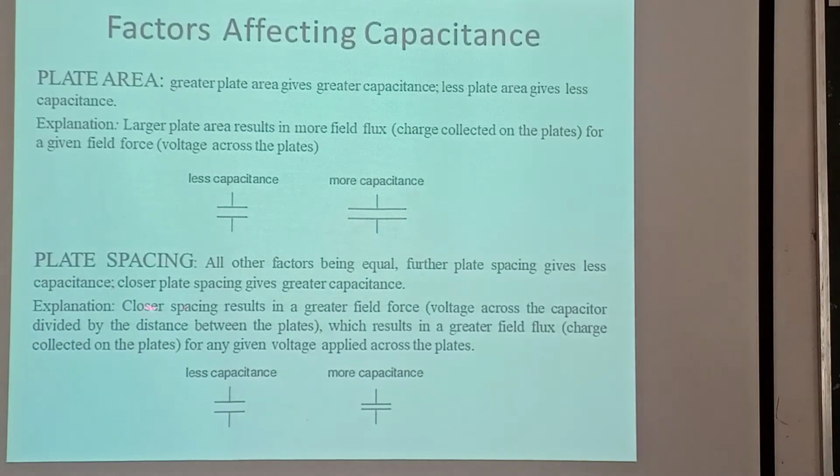Then the next factor is plate spacing, the distance between the two plates. All other factors being equal, further plate spacing gives less capacitance. Close plate spacing gives greater capacitance. So if this distance is close, then that capacitor will give the larger capacitance.